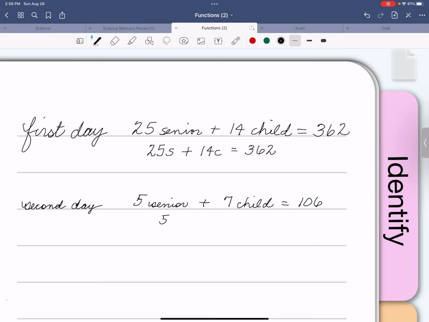So 5 S's plus 7 C's equals 106. So we're supposed to find out the value of an S and the value of a C, because the solution to a system is a point.